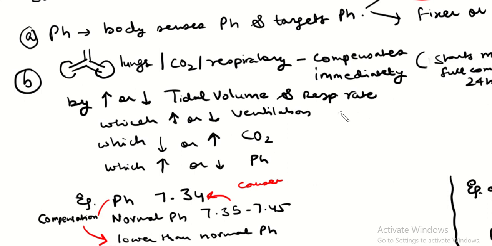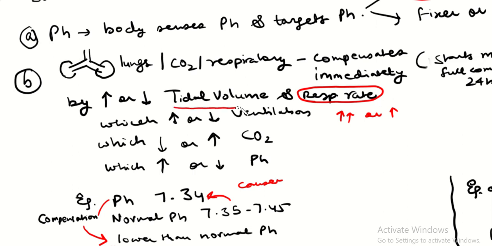How do you ventilate more? I can do it two ways. I can increase the rate at which I'm breathing, or I can increase the depth and the volume that I'm exchanging. So respiratory rate is I breathe more number of times a minute.